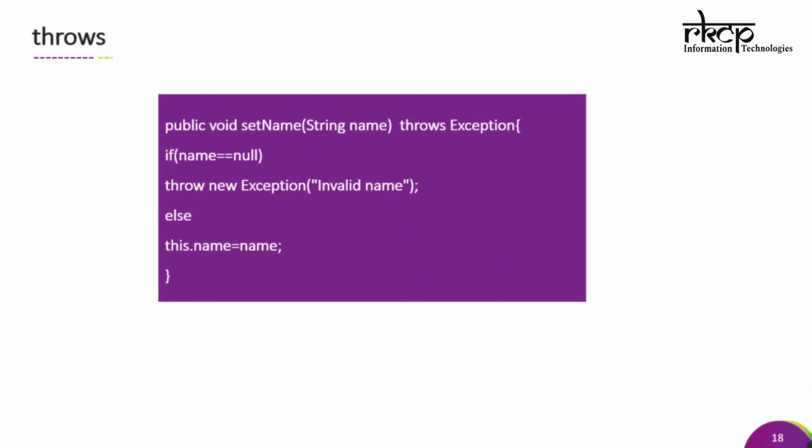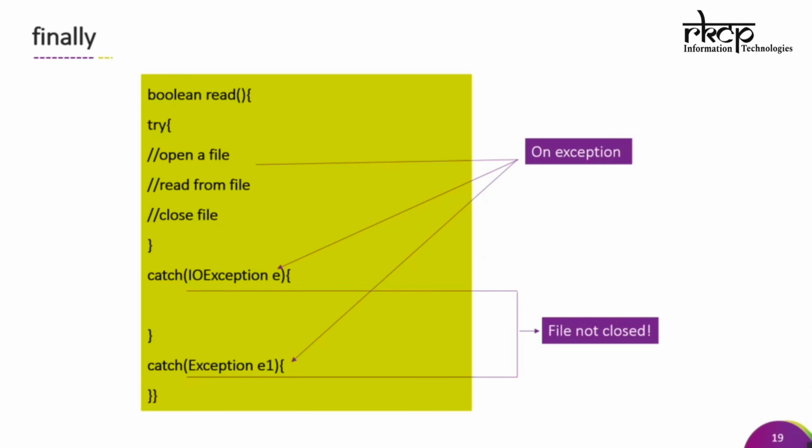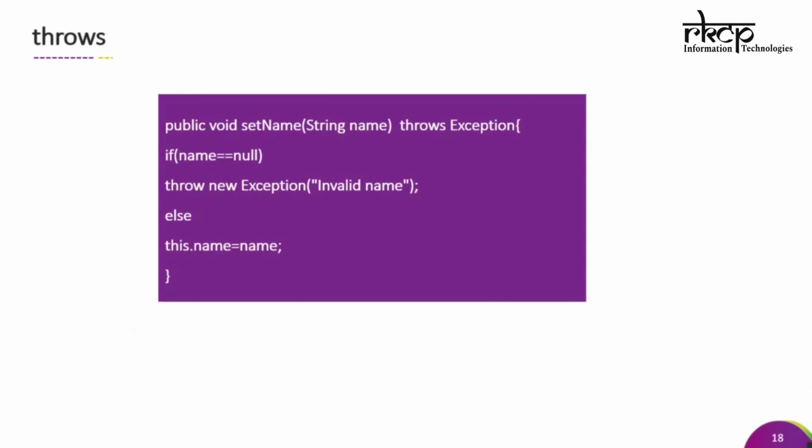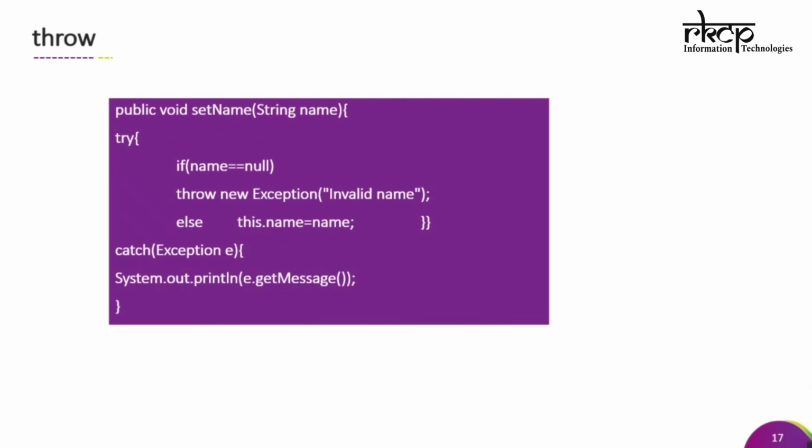In that scenario you do not have to handle the exception. Then the question is, who will handle the exception? The user of your method. If you call this setName method anywhere, there you will handle the exception.